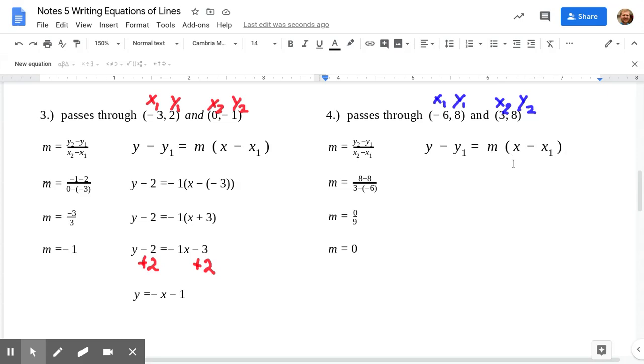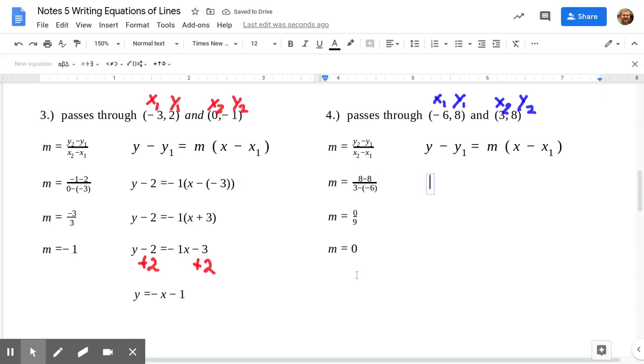So we have our slope. We have a point on the line. Again, you can use either point at this time. Even though this has subscript 1s, it's the same as using your subscript 2 values. But if you want to stick with the subscript 1s to be consistent, that's fine.